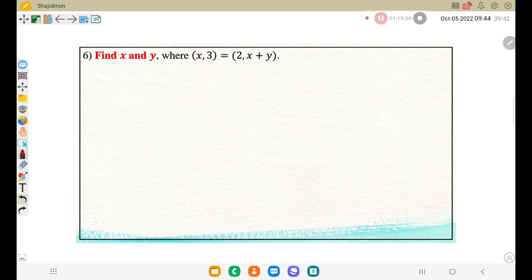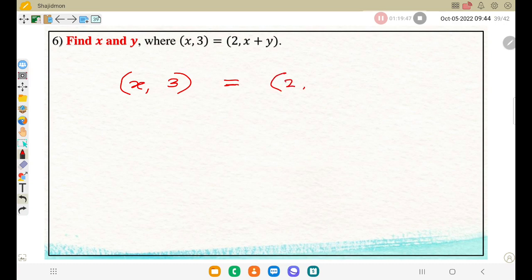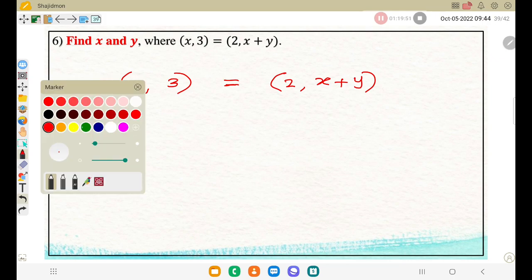Find the values of x and y, where the vector (x, 3) equals (2, 2x plus y). That means one vector (x, 3) should be equal to the second vector (2, 2x plus y). Correct? You know, two vectors are equal, we studied.